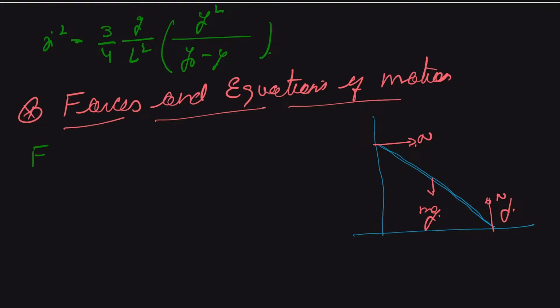So we can say our forces: the first one is mg, and it will be downward, and this is our center of mass.